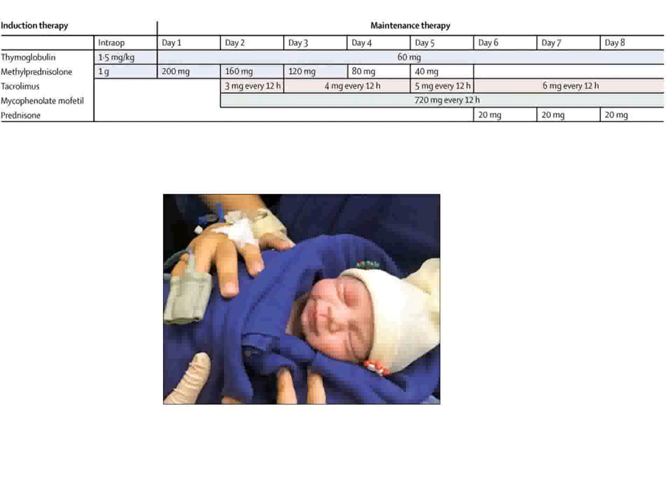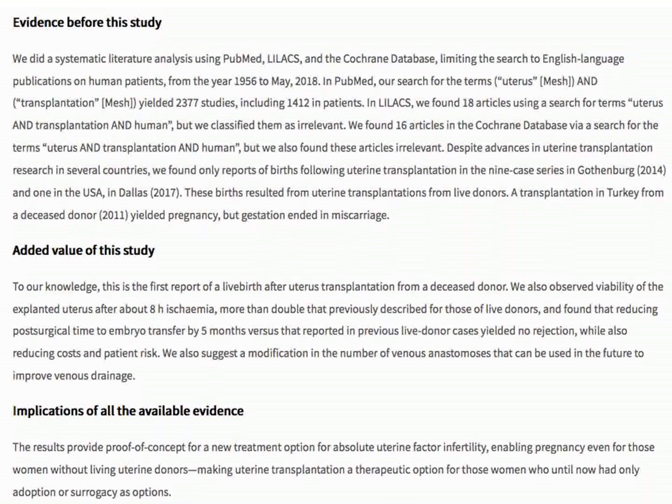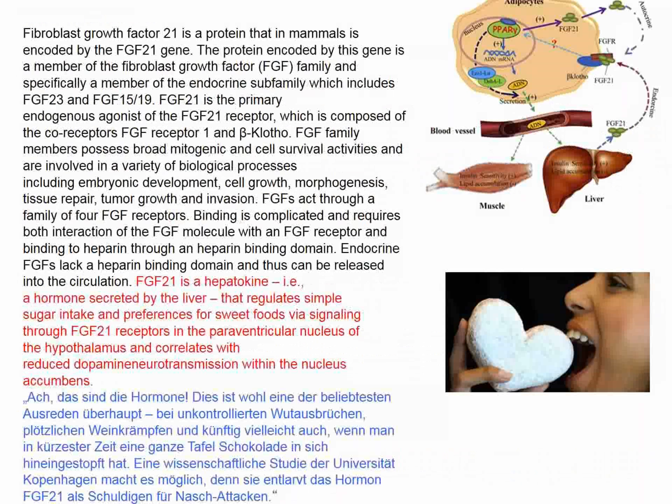And a successful result. So this youngster was born to a woman with the Mayer-Rokitansky-Küster-Hauser syndrome. Various therapies and immunosuppressant therapies were given, but the pregnancy nevertheless proceeded to a successful end. So the added value of this study is one more individual, citizen of Brazil.